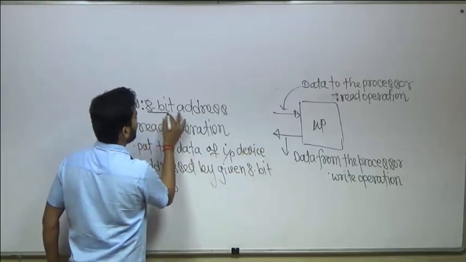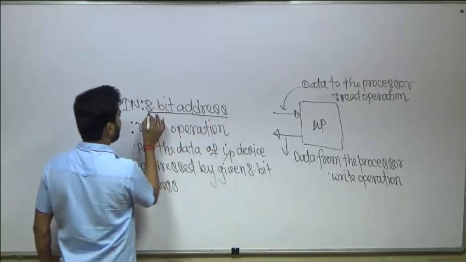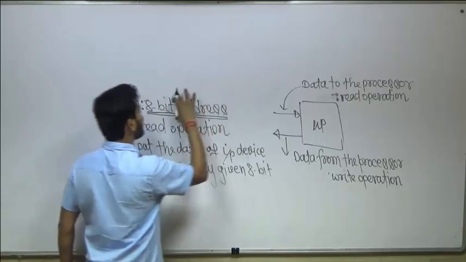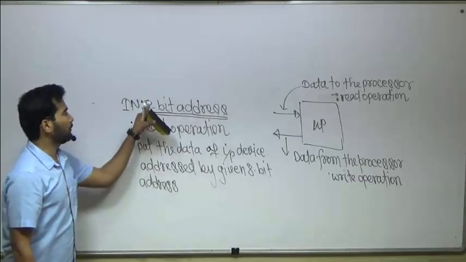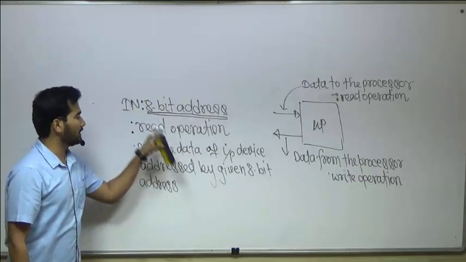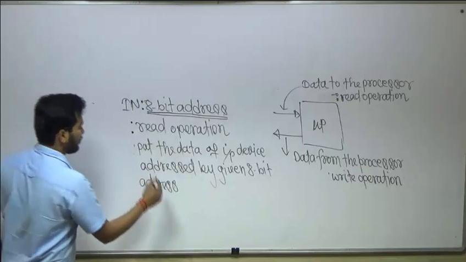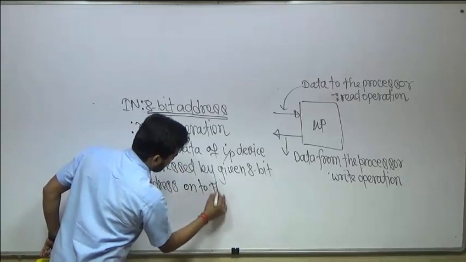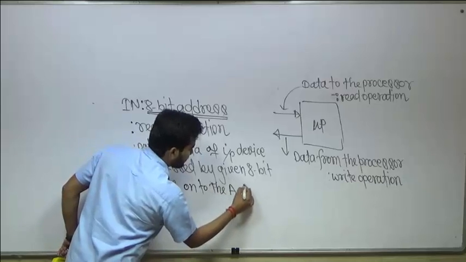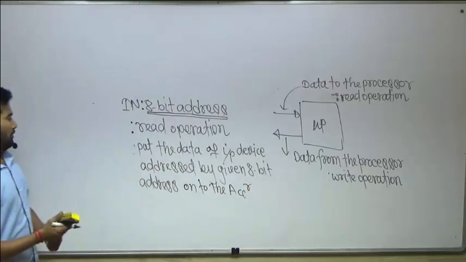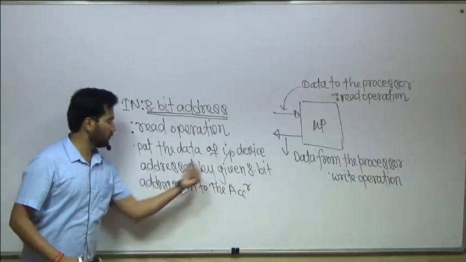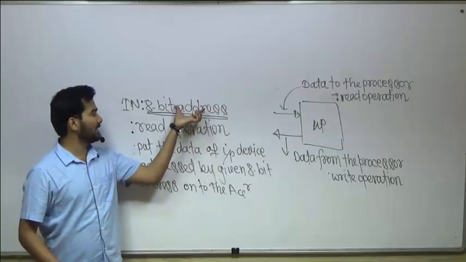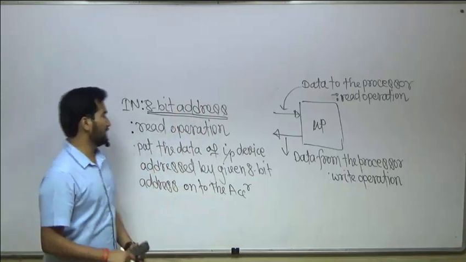That means that input device whose address is this 8-bit address, you need to put the content or the data of that device onto the accumulator. Read operation is equivalent to putting the data of the input device addressed by the given 8-bit address onto the accumulator.